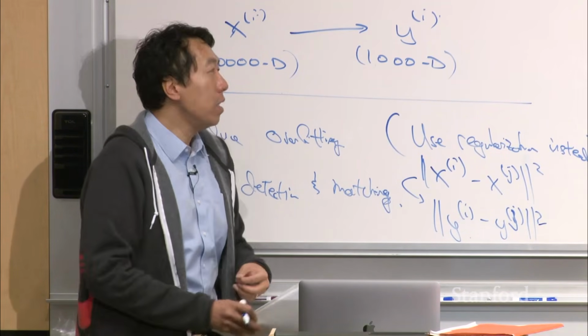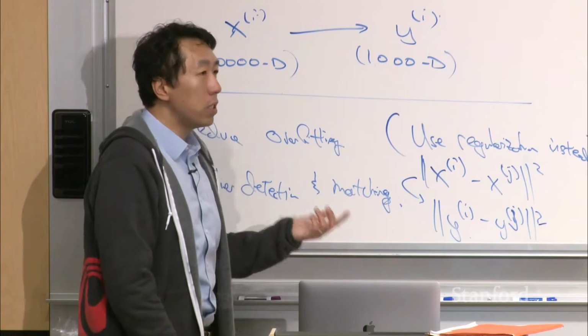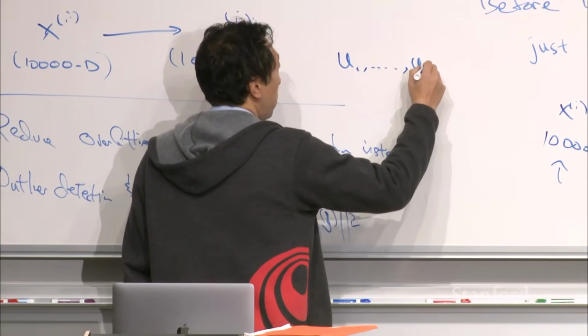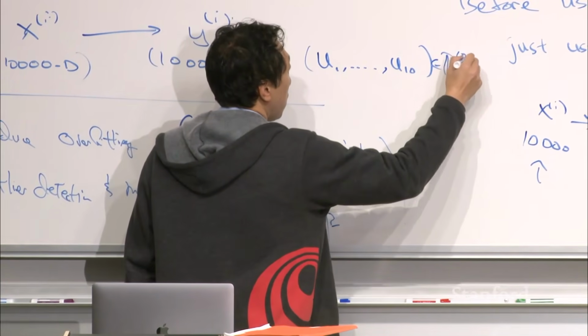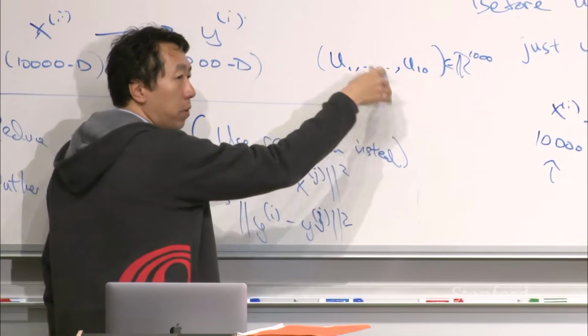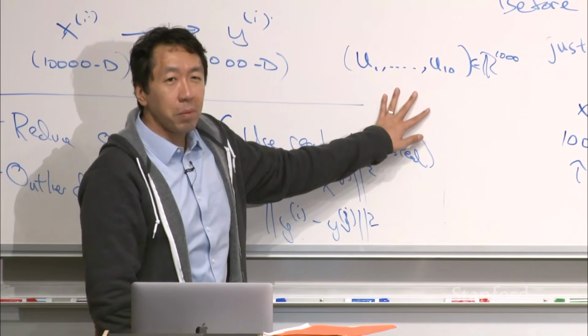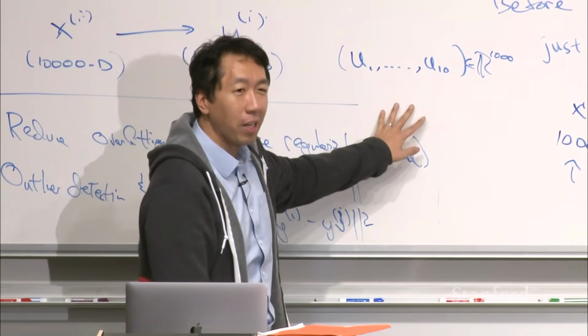But it turns out, for those of you familiar with linear algebra, that the vectors U_i, let's say U1 up to U10, are 1,000-dimensional vectors, in the case we reduce from 1,000 to 10D. I'm going to switch into linear algebra terminology, so if you don't understand what I say, it's okay.